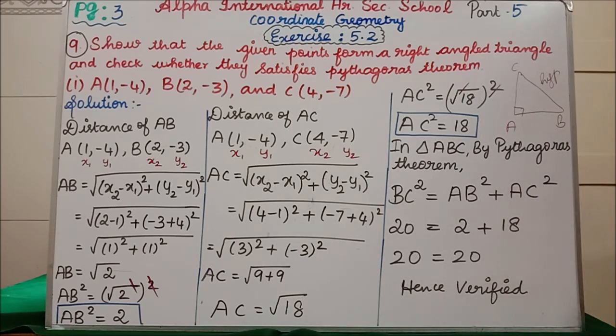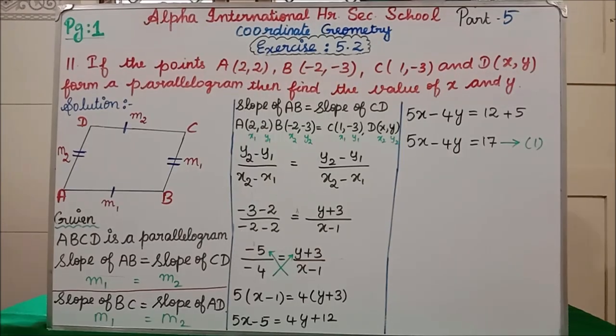There also you will get LHS equals RHS, hence verified, and you are going to write that. Next we will see the 11th question in part 5 video. The 10th question is your homework, and it is the same as the 11th question.